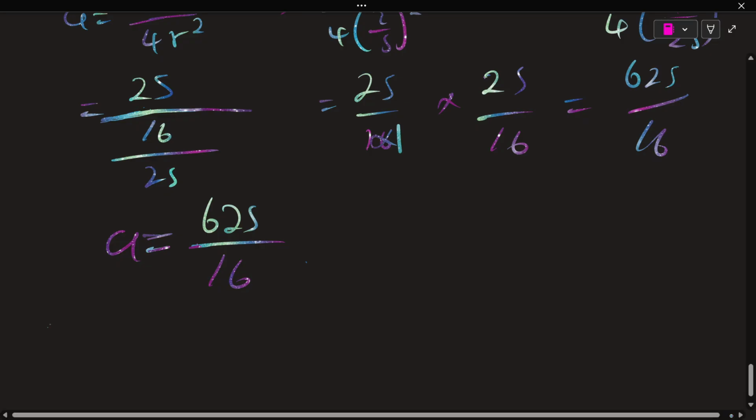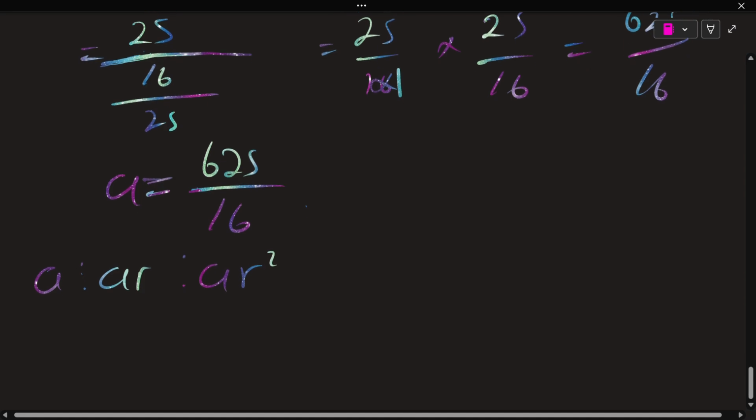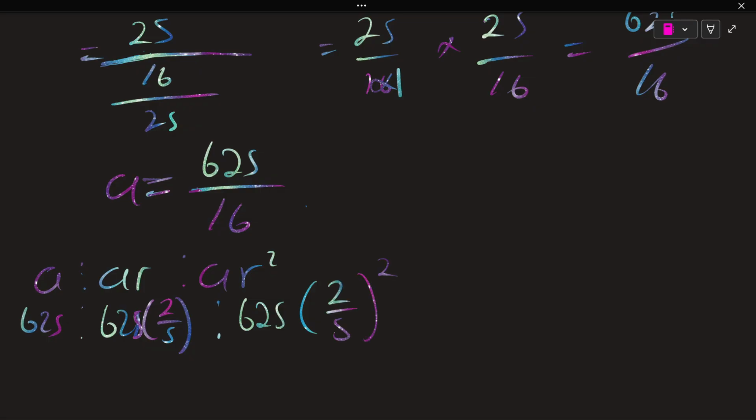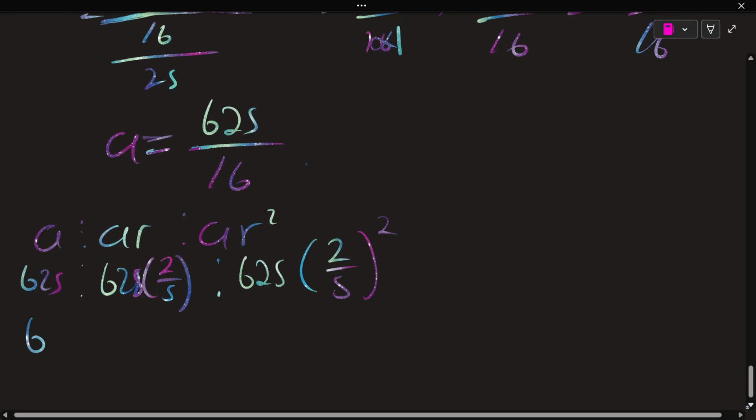Since we know that a is the first term, ar is the second term, and ar squared is the third term, we have 625 as the first term, then 625 into 2 over 5, and 625 into 2 over 5 squared.